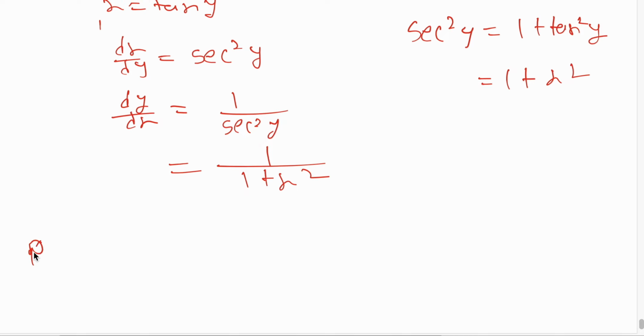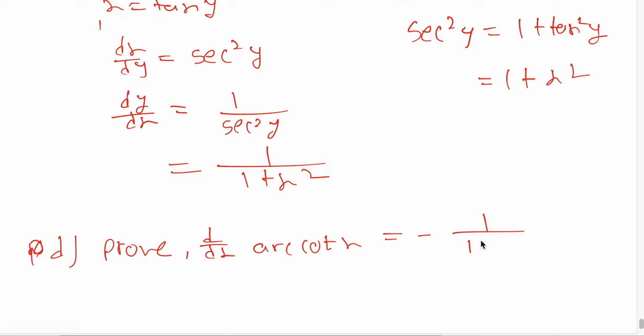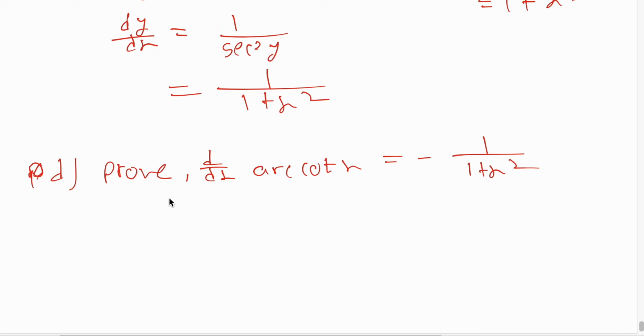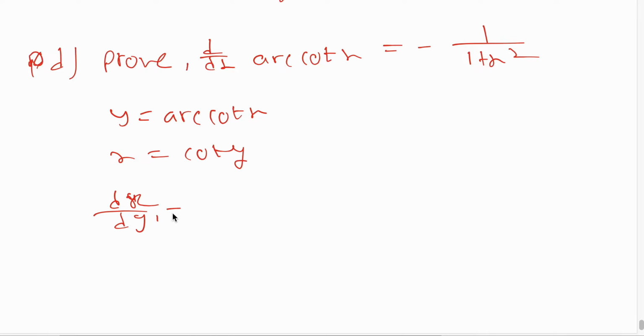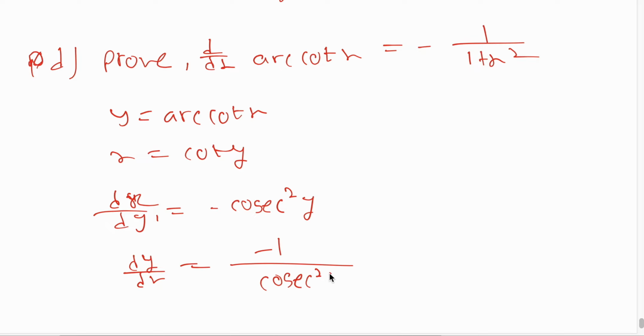Proved. Then the D part, prove d/dx of arc cot x is equal to minus 1 by 1 plus x square. Okay, then we get y is equal to arc cot x, that means x is equal to cot y, that means dx by dy would be minus cosec square y, so dy by dx would be minus 1 by cosec square y.